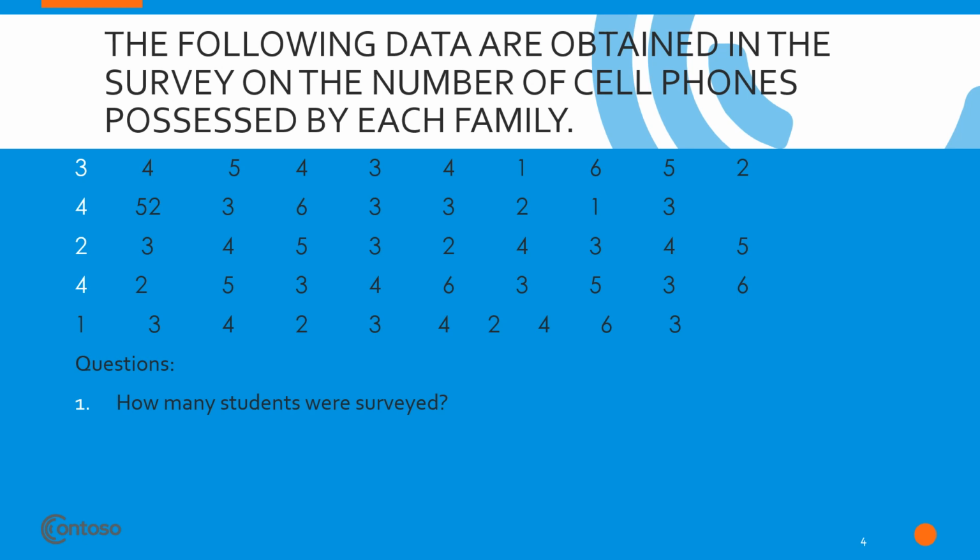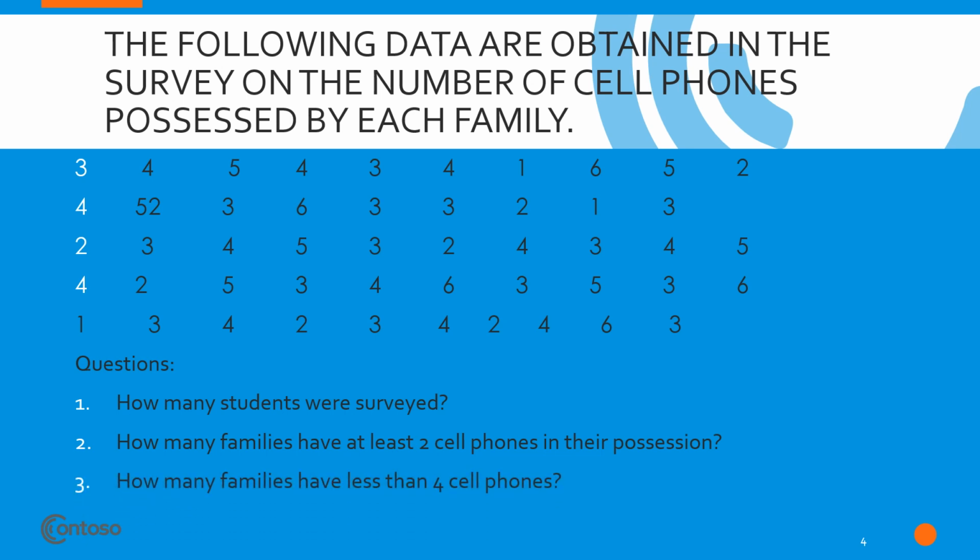That's about 49, I think. And then, how many families have at least two cell phones in their possession? We need to organize this into a frequency distribution. And how many families have less than four cell phones?